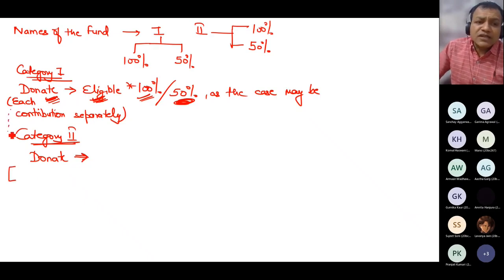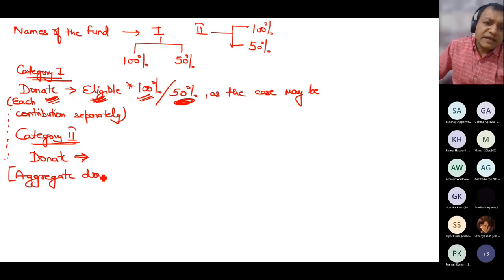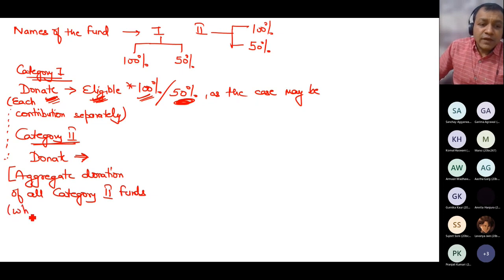Above I have written each contribution separately. Now I will write aggregate donation of all category 2 funds, whether 100% or 50% doesn't matter.